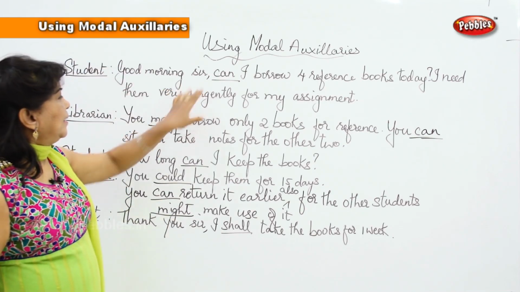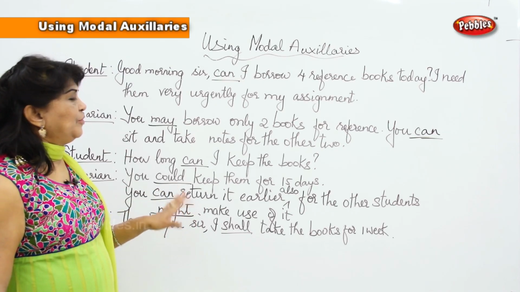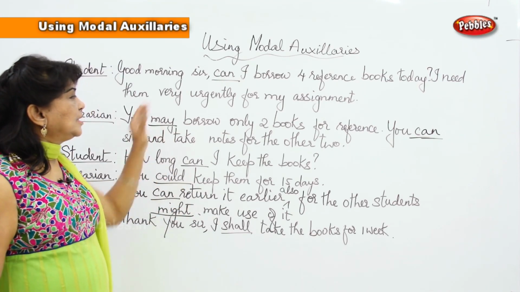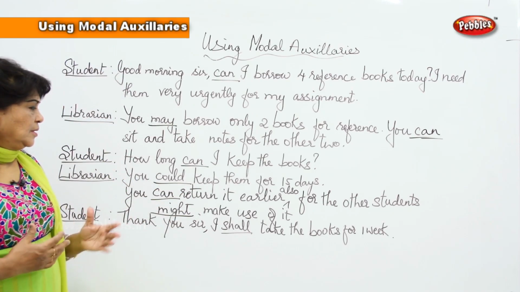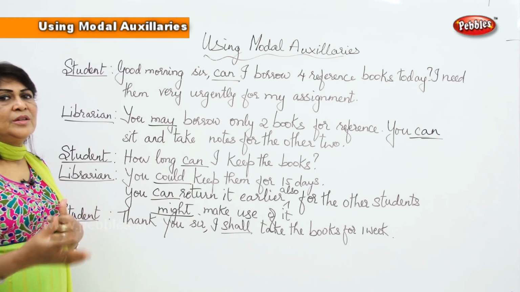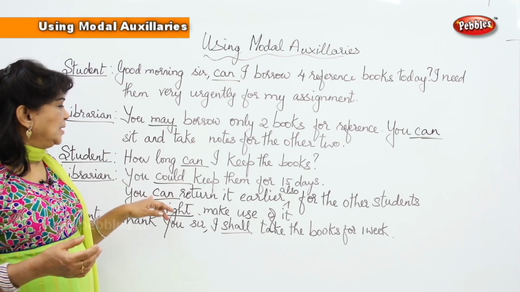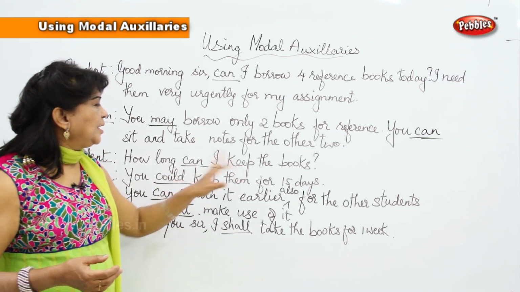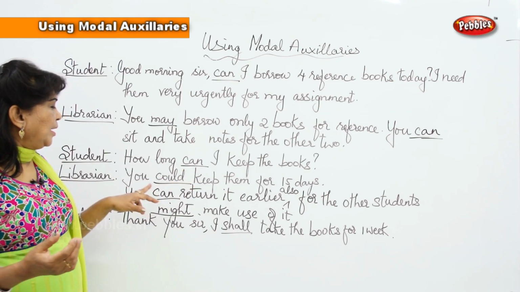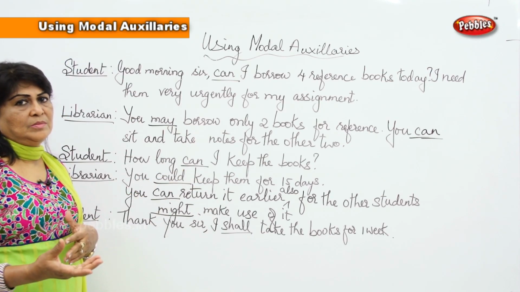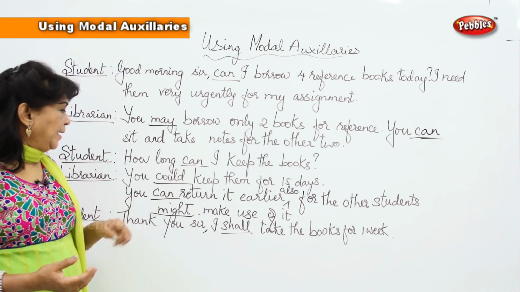See, now can, may, can, and you could keep them for 15 days. This can is giving permission, and here also he says you could. That is a variation of how to use. You can keep them for 15 days also we can say, but how long can I keep the books? You could keep them for, because she has used can there, he has used could. That is the allied word for can.